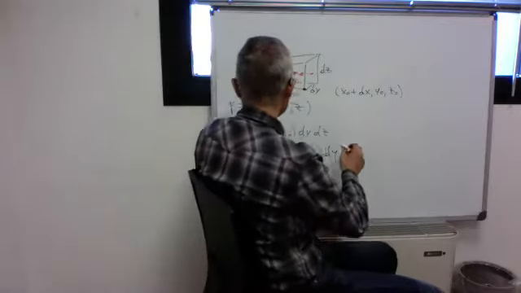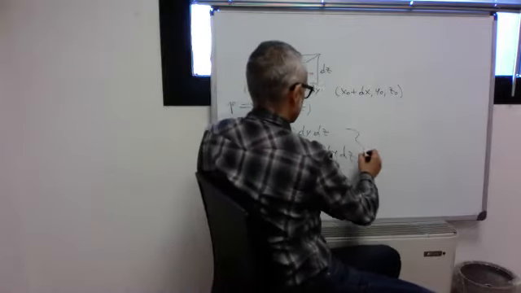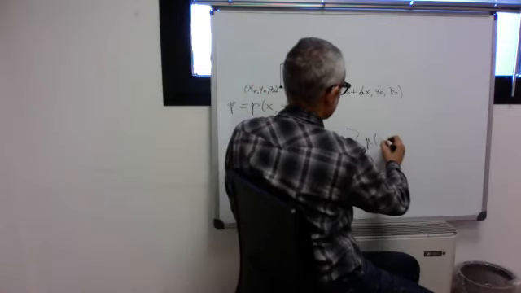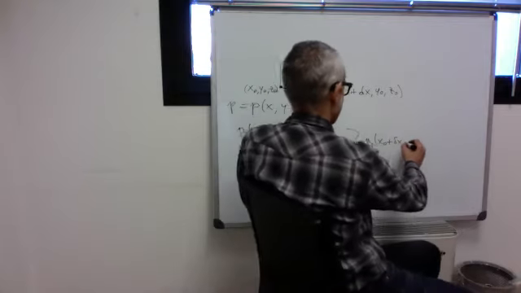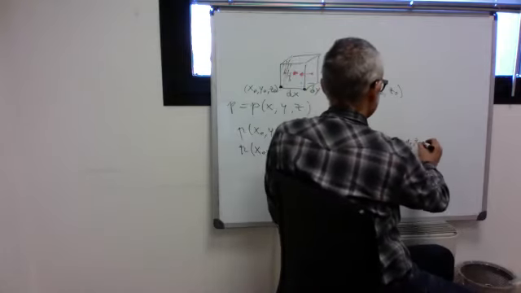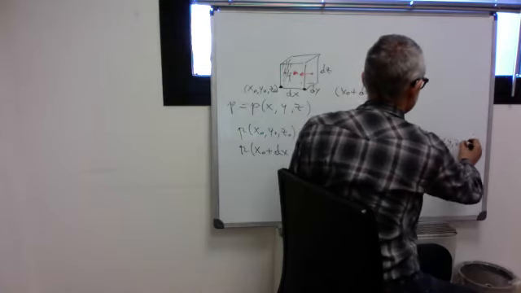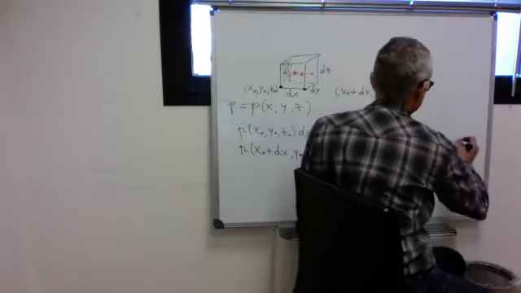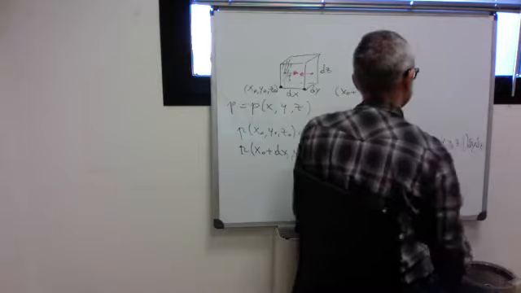And so that gives me P of x0 plus delta x, y0, z0, minus P of x, y, z, multiplied by dy dz.